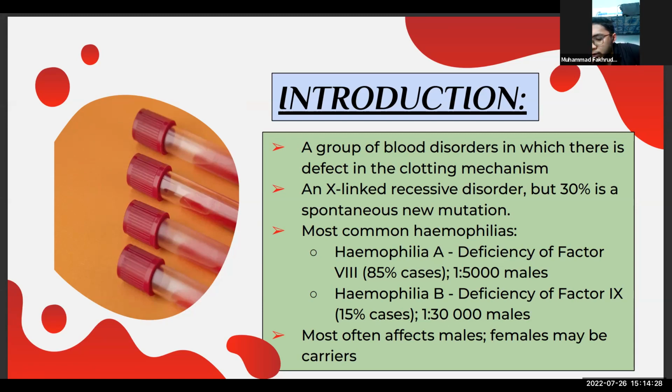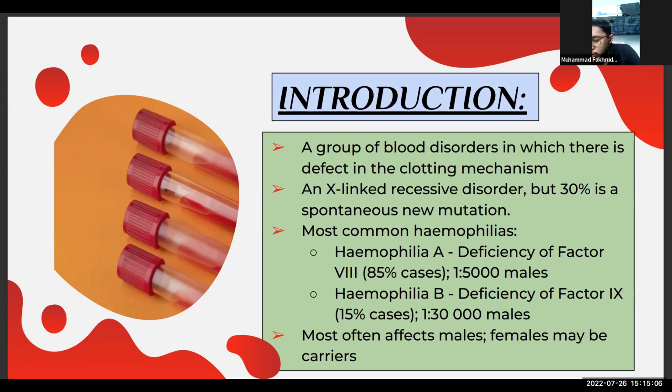So if the male inherits a hemophilia gene from the parent, he will automatically suffer from hemophilia. Meanwhile, for the female, when she inherits one gene from her parent, she will be a carrier of hemophilia, and if she inherits two genes, she will suffer from hemophilia.